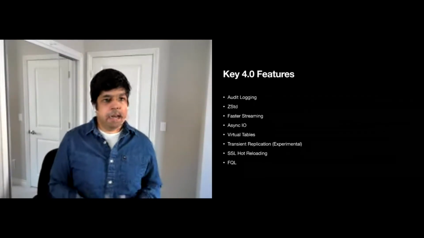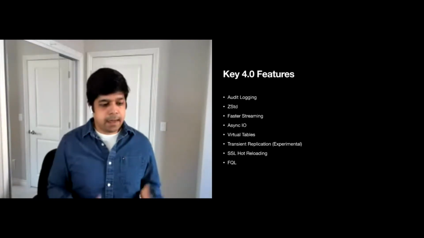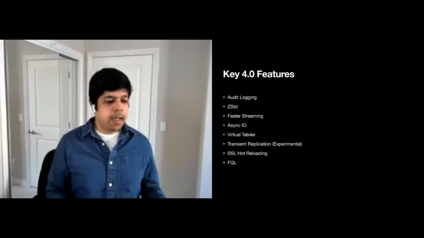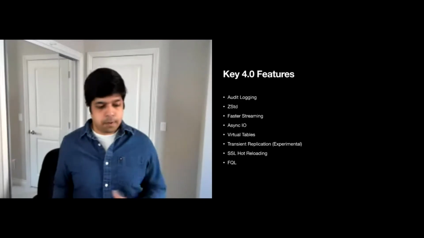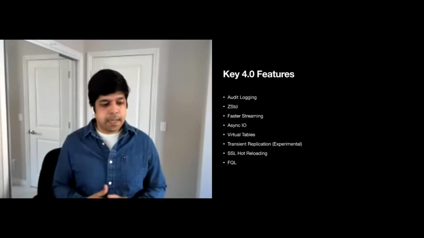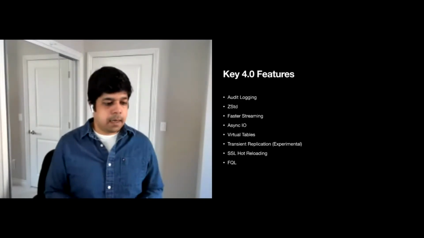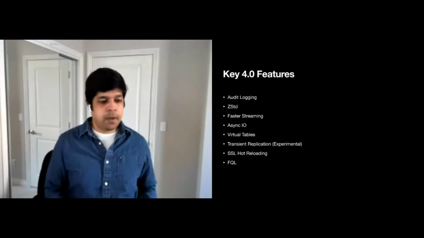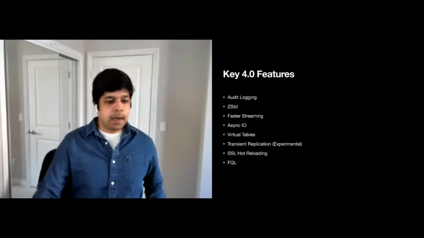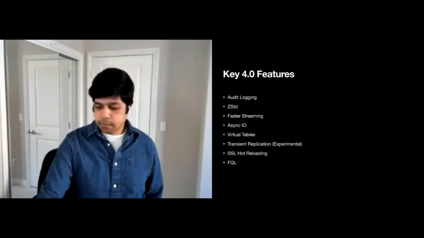And this allows us to do some interesting stuff, like capture the queries and replay them on a test cluster. For those of you who attended my session yesterday, FQL is one of those tools that we use for replay testing in Cassandra.